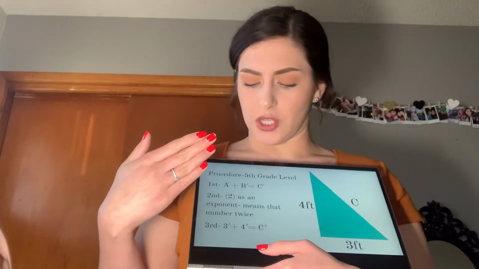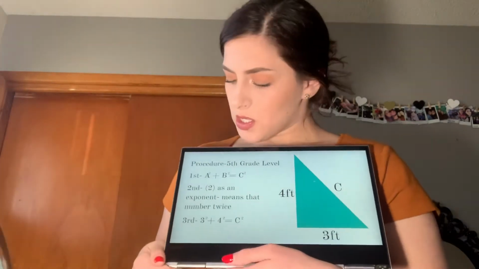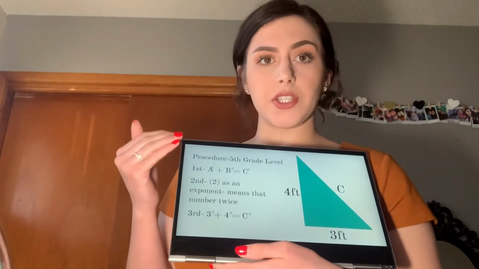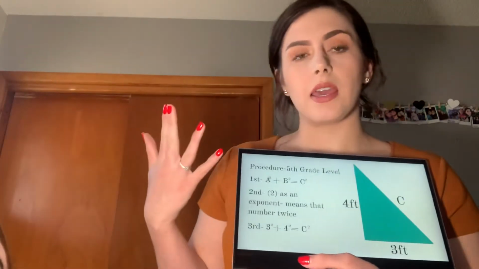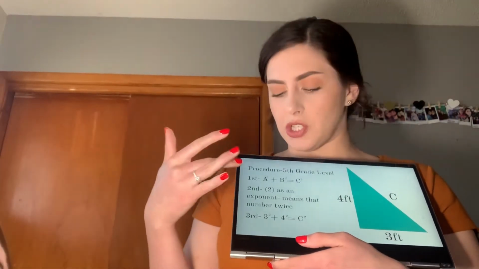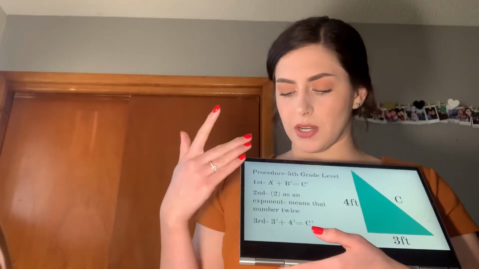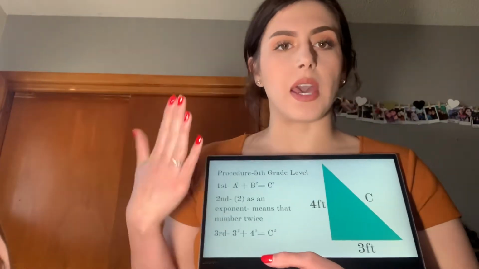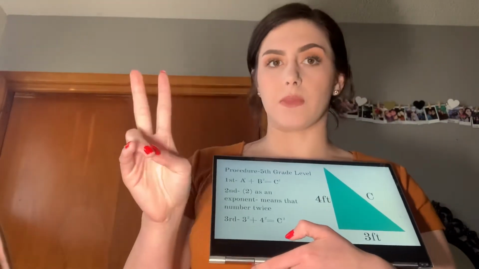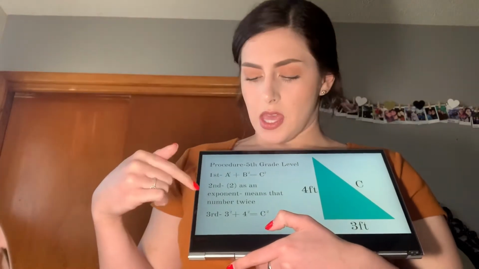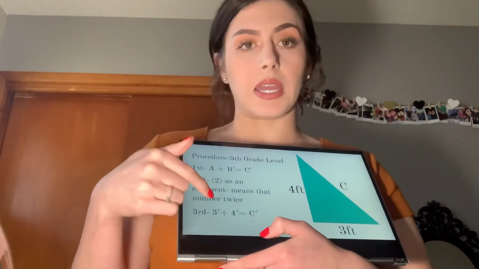So the example we chose is like a 5th grade level. First, with the kids, I would identify what we know, which is the formula, a squared plus b squared equals c squared. Second, I would review that exponents means twice, or that number 2 times, right? And then third, we would plug numbers into the formula.